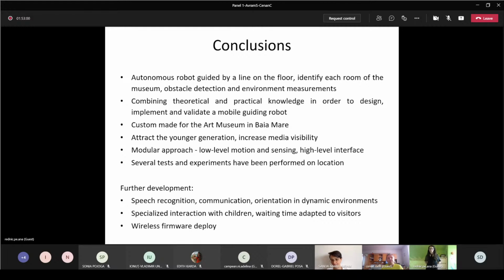So I changed a lot of hardware, a lot of components. As I said, it had a modular approach. So motors were changed, the base of the robot. I thought a lot about the design, how it should be in order to be stable, to be high enough for the visitors to see what is written on the display, and how it should talk so that it can be heard in the museum.